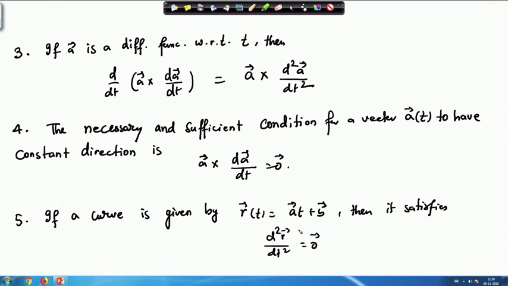This is also not complicated to show. You just differentiate with respect to t. The derivative of a constant vector would be 0, and then you differentiate again with respect to t, the constant vector A, its derivative would again be 0, and you will obtain d square r by dt square equals 0.